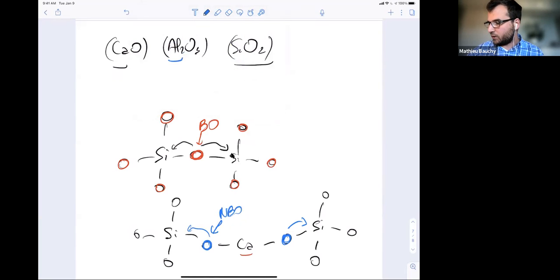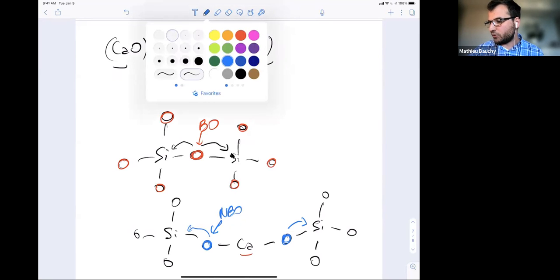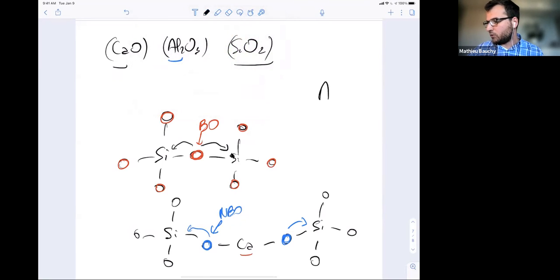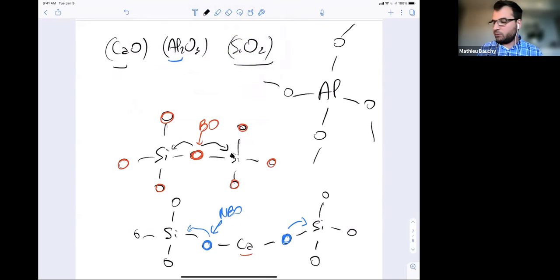When you add aluminum, you will decrease the number of non-bridging oxygen, because in the case of aluminum, assuming you know a little bit about glass chemistry, the aluminum will use a calcium to compensate its charge.